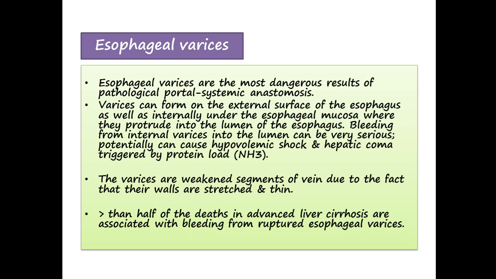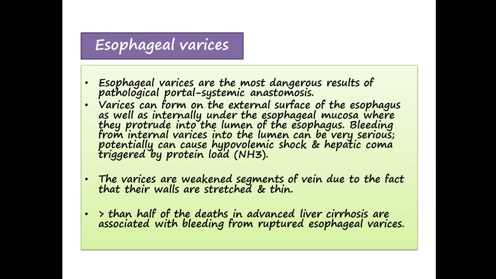Now, the second complication of this internal bleeding from the esophageal varices is that the proteins contained in the blood and red blood cells are broken down, and there is excess release of ammonia.